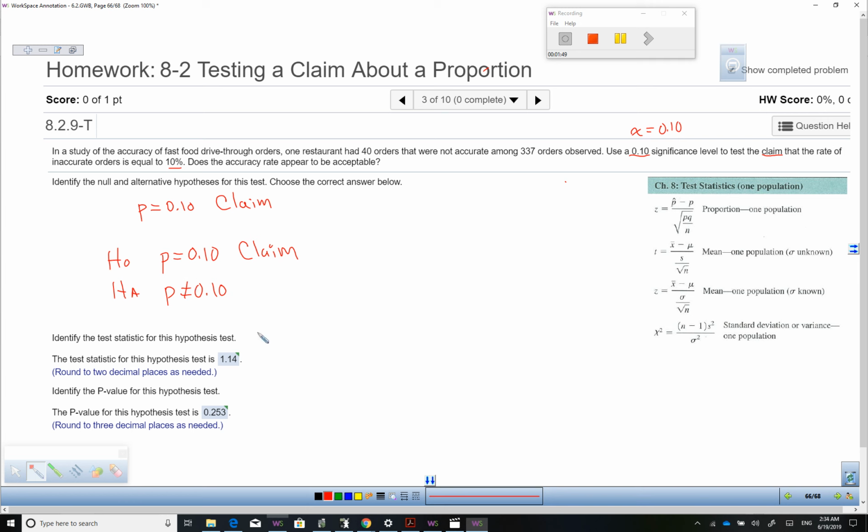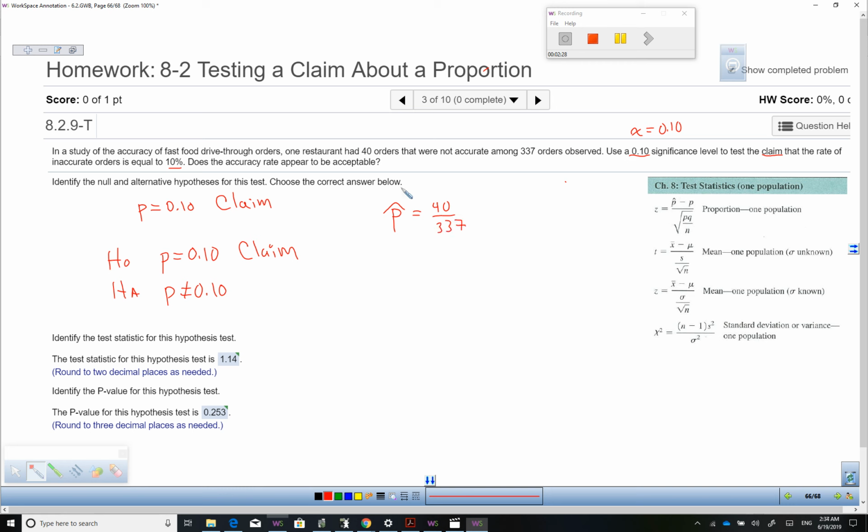Okay, now p hat is the proportion of inaccurate orders in the sample. So the sample we obtain here says we have 40 orders that were not accurate out of 337 orders.